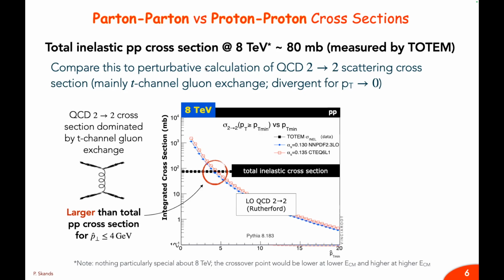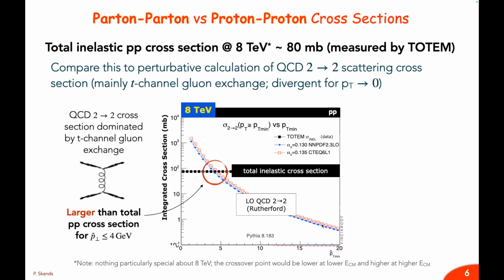And we can compare that to the total 2-to-2 scattering cross-section in QCD that we would calculate perturbatively. We know that at some pT that's going to break down, but let's just see, as a function of the pT of the scattering, the t-hat Mandelstam variable, how big is this parton-parton cross-section, and we can try with different PDF sets. That's going to change a little bit what the cross-section will be. We can change what alpha S is and so forth, so we'll get some variation.